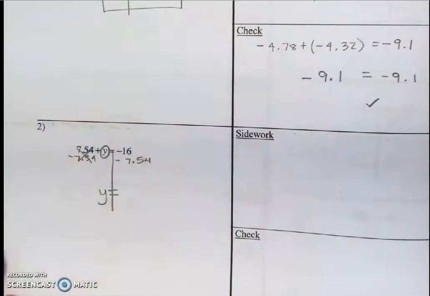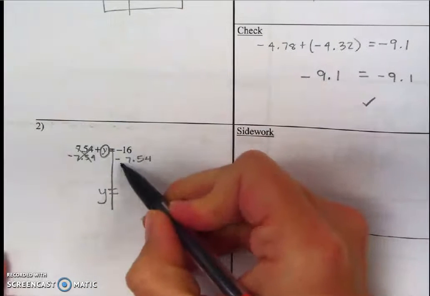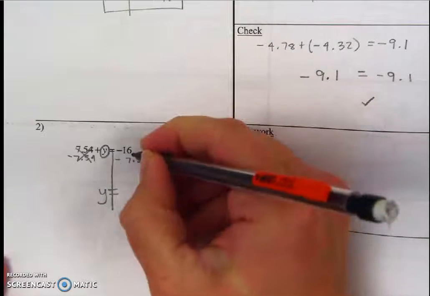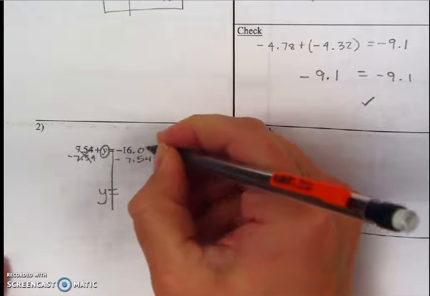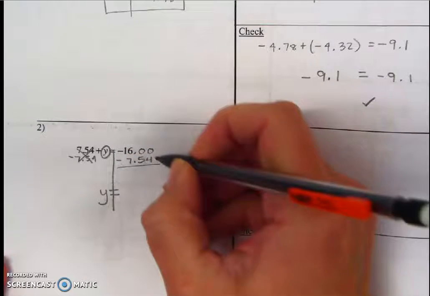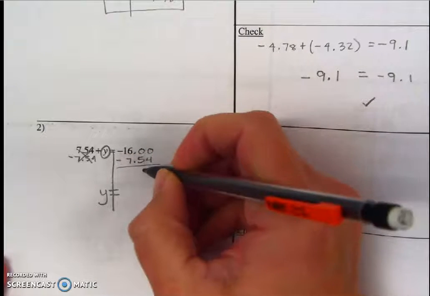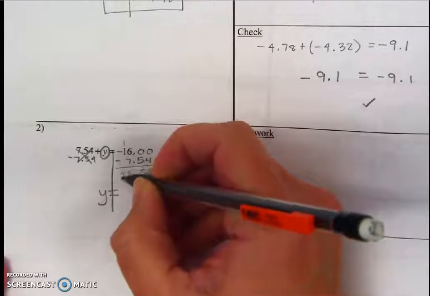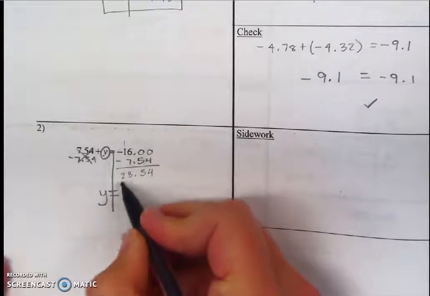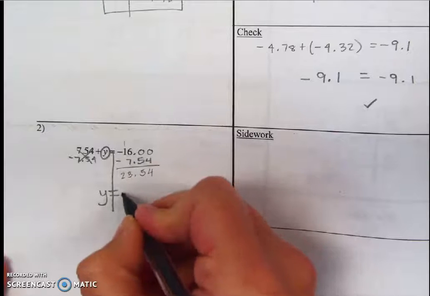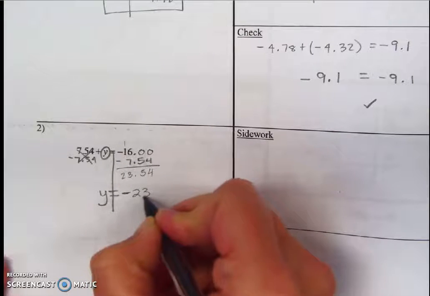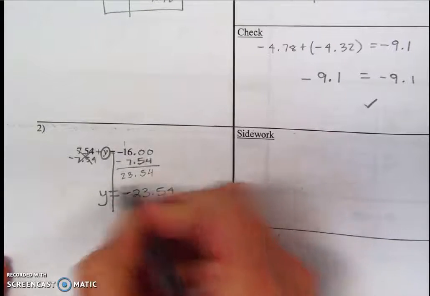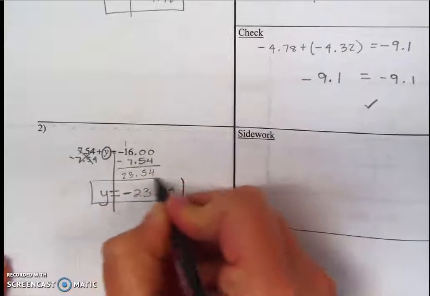Bring down the equal sign. Now I see both of these are negative, and so that means I'm going to add them together. So I'm going to put that decimal in and a 0, 0. Let's see right here, 4 and 5, bring down the decimal. This is 13, and that's 2. But I see that everything was negative here, and so my answer would be negative 23.54. There's my answer.